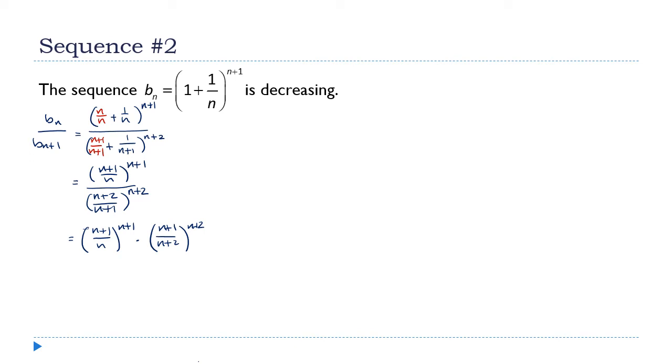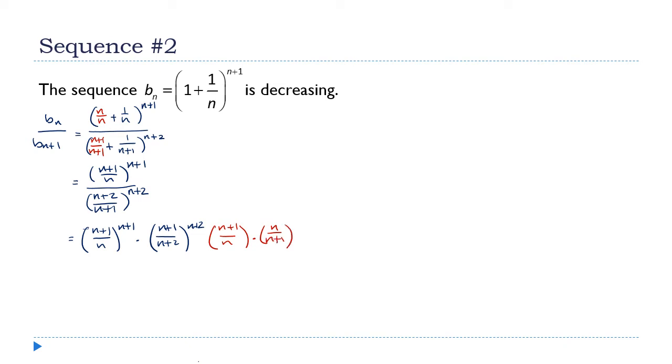And to do that, I need to give that n plus 1 exponent, I need to make that an n plus 2. So I'm going to do a very similar thing. I'm going to multiply by (n plus 1) over n times n over (n plus 1). Right, so let's see.